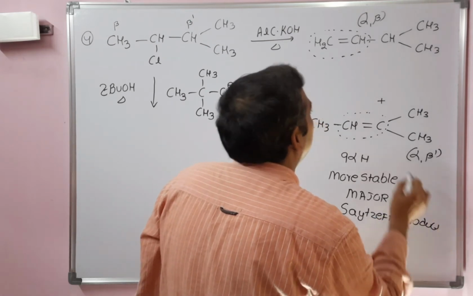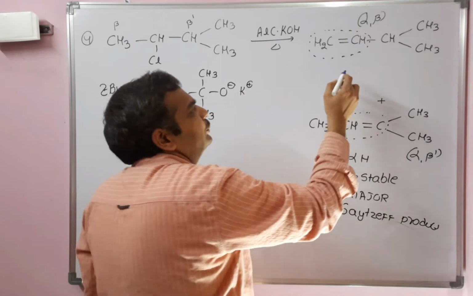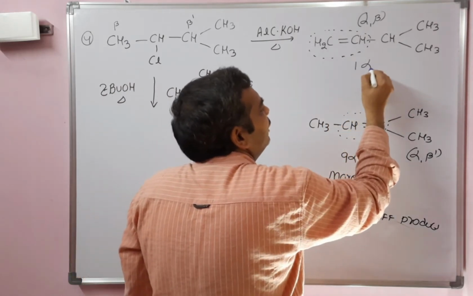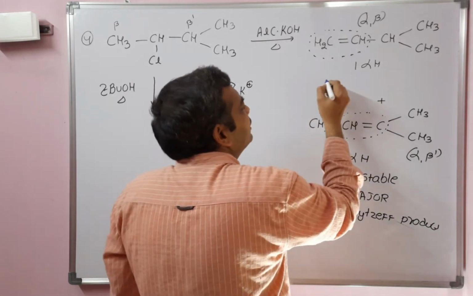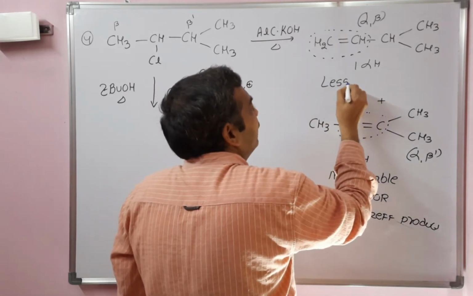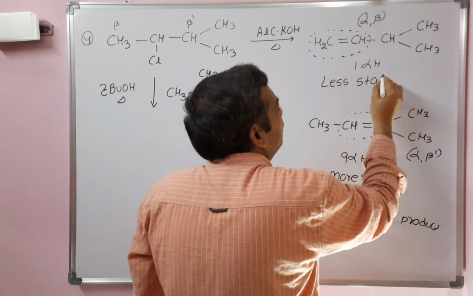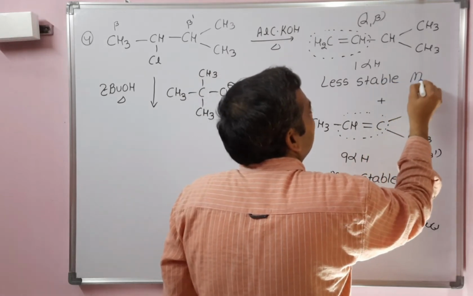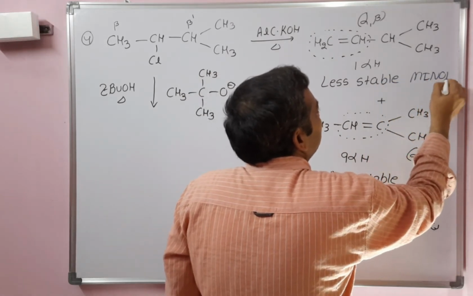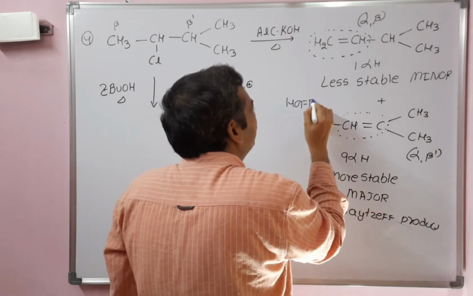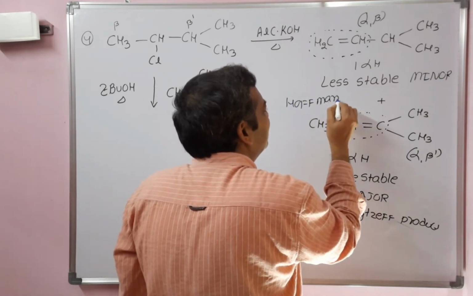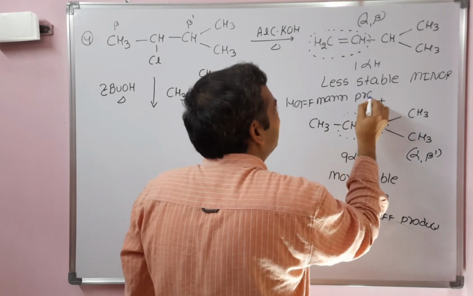Whereas in the first example, with one side substitution, only one alpha hydrogen is there, so only one hyperconjugated structure is possible. So it is less stable compared to that one. Less stable, so definitely this is a minor compound. This is the Hofmann product. The Hofmann product is the minor product. Why? Because it is less stable.